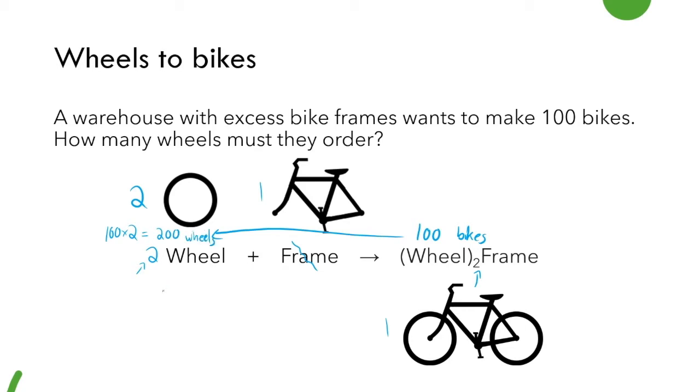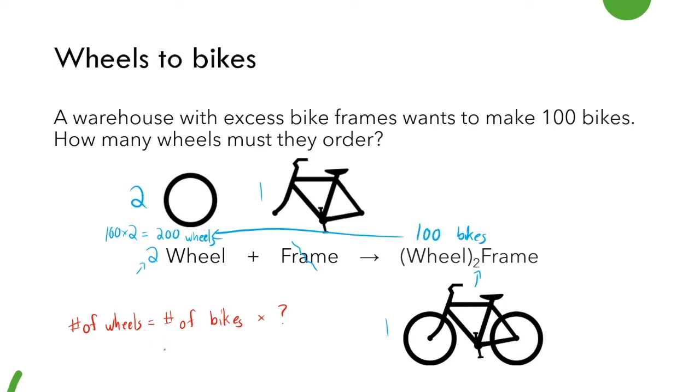What I'd like to do now, though, is consider this in a slightly different way. The number of wheels that we're going to need is going to be equal to the number of bikes that we want times something. Now, we've already seen what the times is going to be equal to up here.